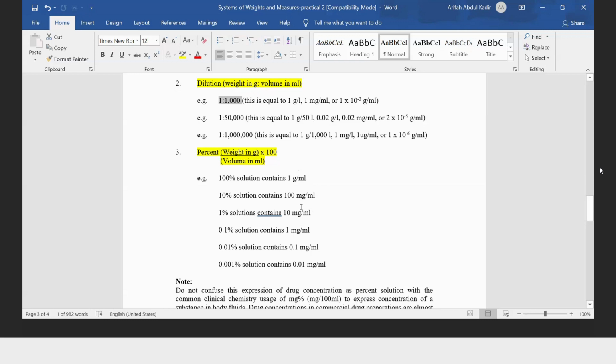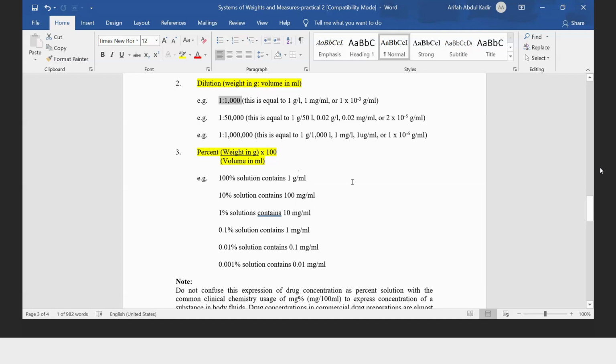Right? So that's the 1% solution. The others you just calculate. It's decreasing by 10, and sometimes mental arithmetic is quite easy. For 100% it is 1 gram, for 10% it would be 0.1, and for 1% it would be 0.01.